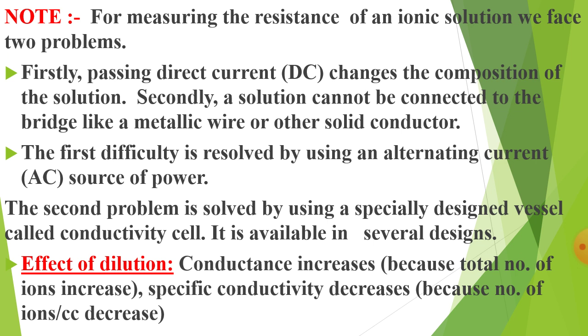So how do we solve these problems? The first difficulty is resolved by using an alternating current, that is an AC source of power, so DC should be replaced by AC. And the second problem is solved by using a specially designed vessel called a conductivity cell.